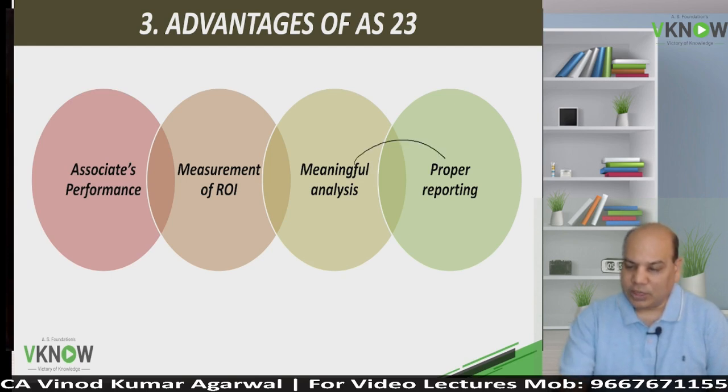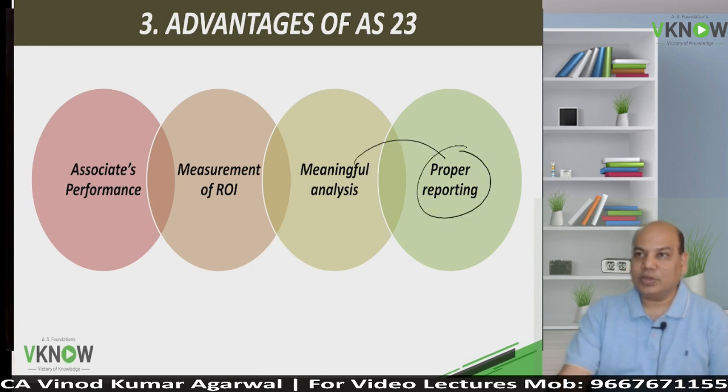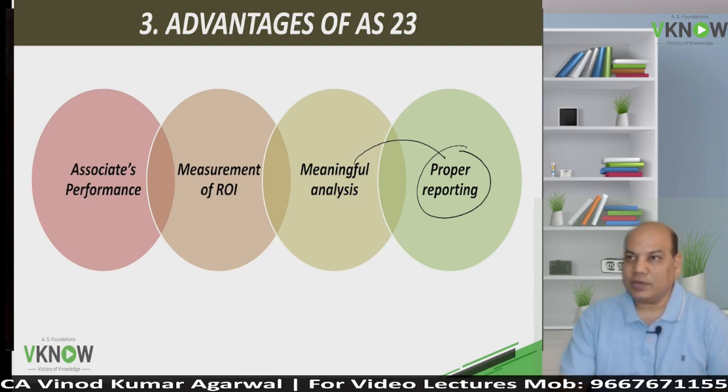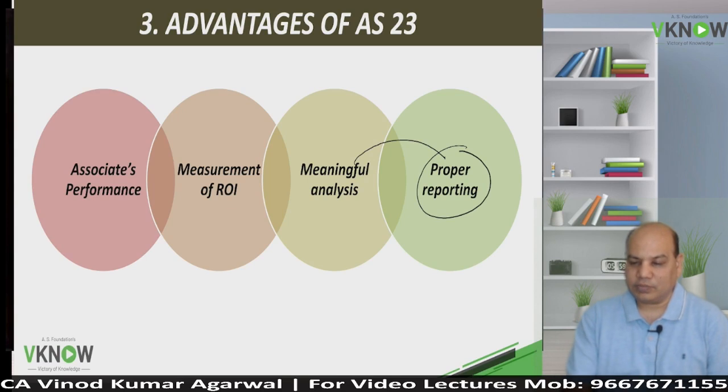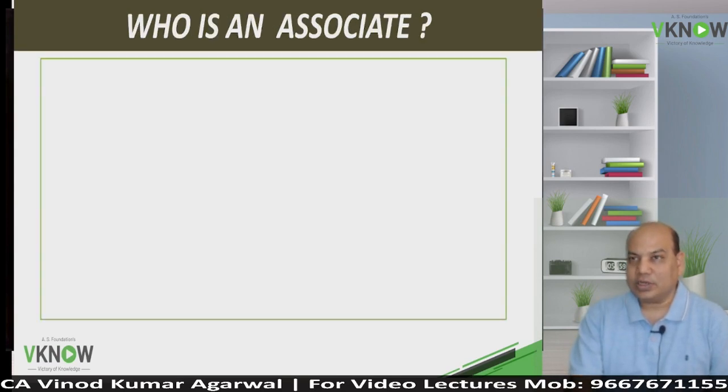Because of that, AS23 improves the financial reporting. It helps in having proper reporting, because as an investor we should get enough information for decision making, and if the reporting is properly done, the investor can take a more informed decision.